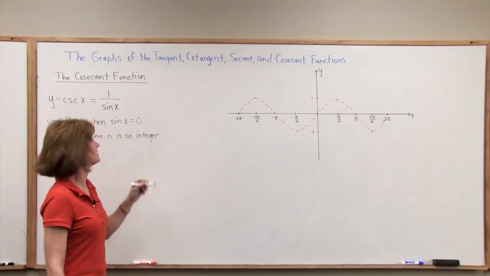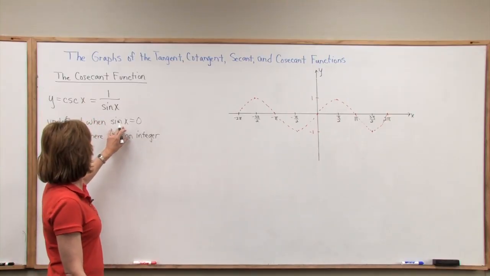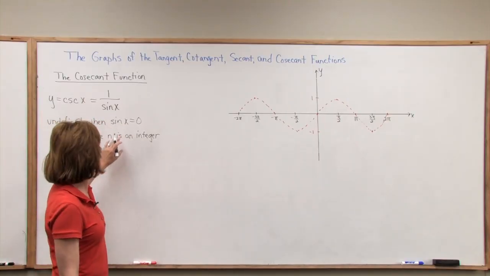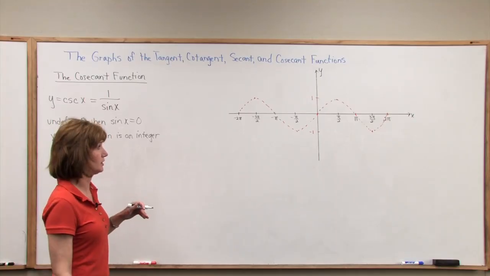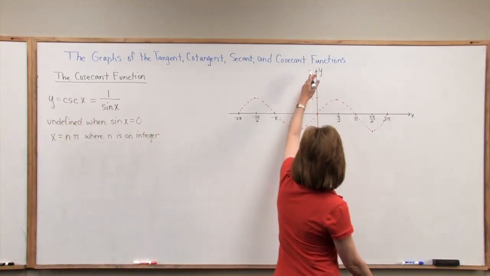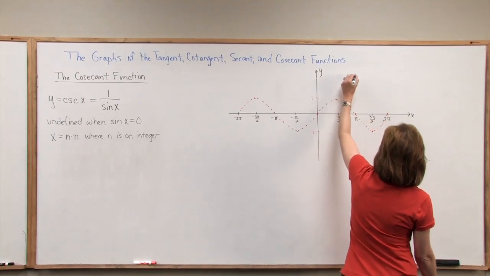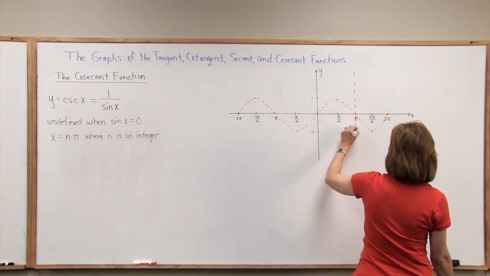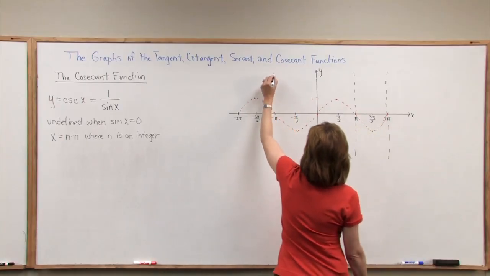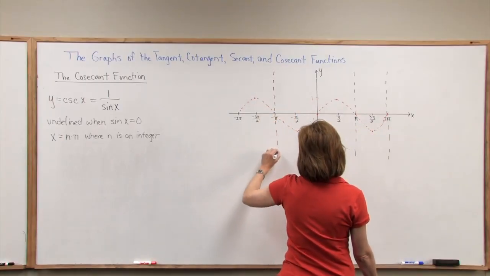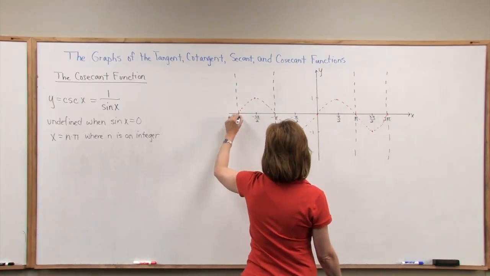Now, when the sine of x is 0, that's going to give you your vertical asymptote. So we know at all multiples of n pi, there's going to be vertical asymptotes. So I know there's going to be an asymptote here on the y-axis, here at pi, here at 2 pi, negative pi, and then negative 2 pi.